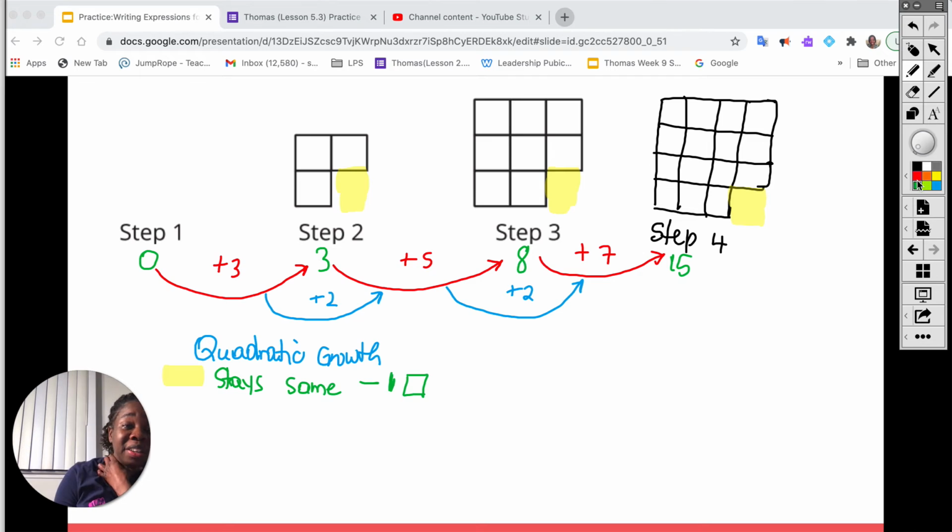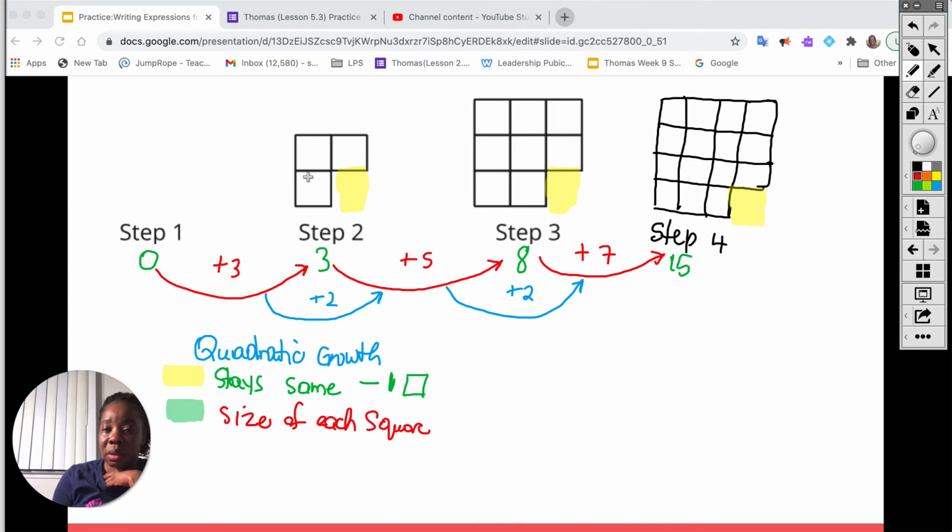And then what's different? What is different is the size of each square. What do you mean?